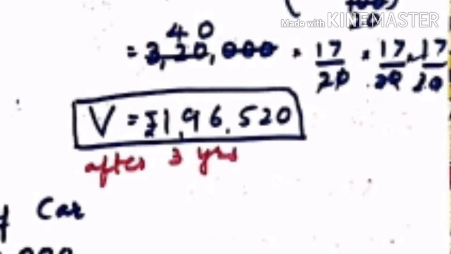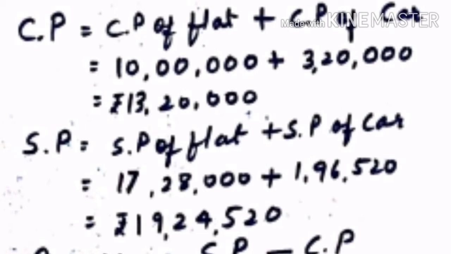Now 3 zeros get cancelled, and 2 twos are 4, that 2 also gets cancelled, 20s also get cancelled with 320, 8 fours are, like that we have cancelled. So I get the value 1,96,520 after 3 years.